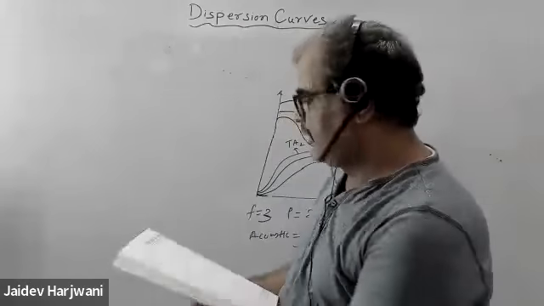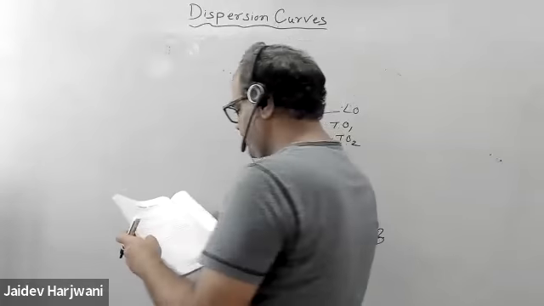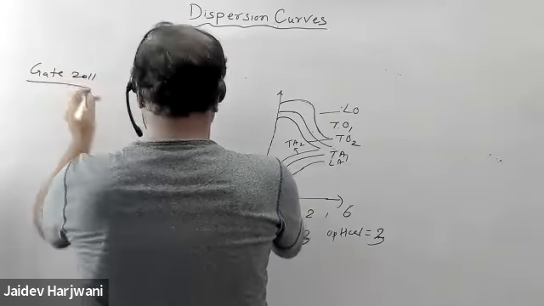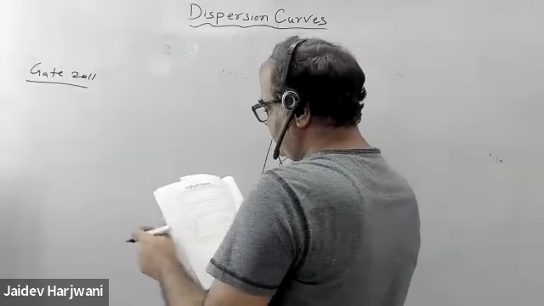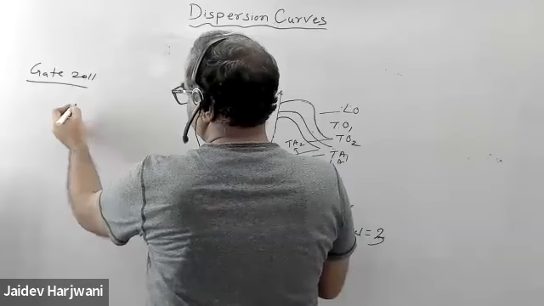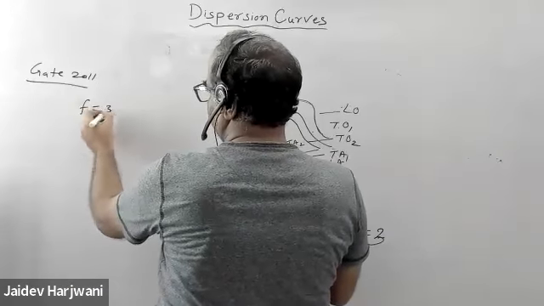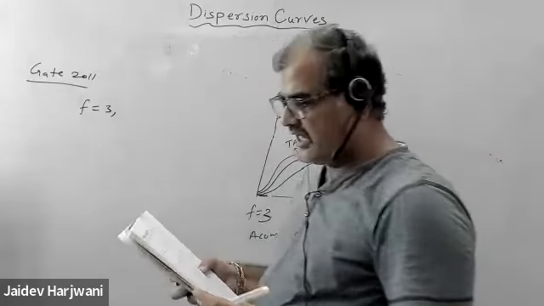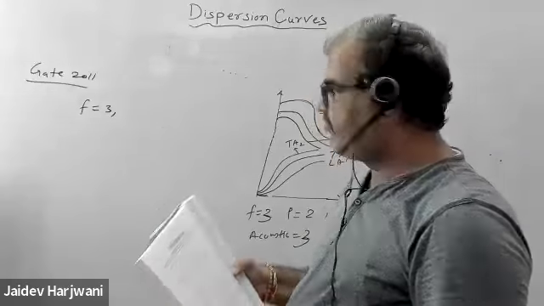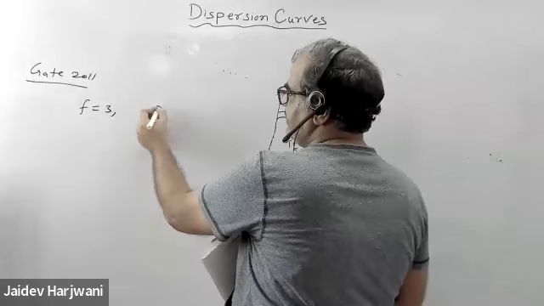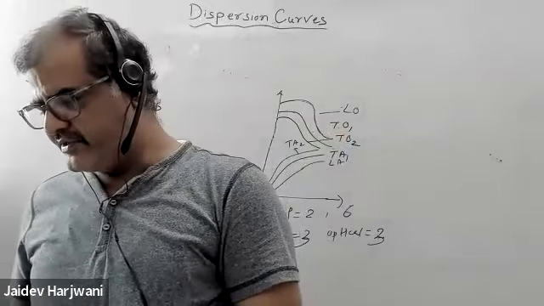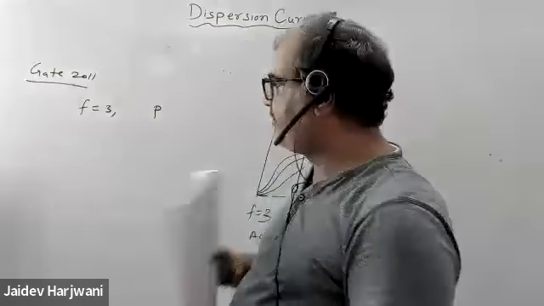Now the question came in GATE 2011. They're saying, for a three-dimensional crystal having n primitive unit cells with a basis of p atoms, the number of optical branches will be.